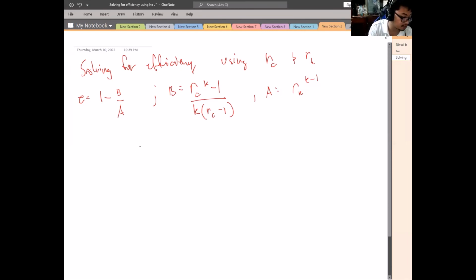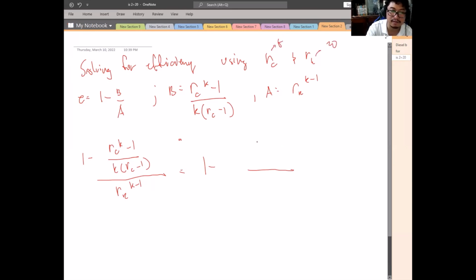Substituting, we can solve B first, or do it in one go. So E equals 1 minus, in the numerator, RC raised to K minus 1, minus 1, over K times RC minus 1, all over RK raised to K minus 1. RC is 5 and RK is 20.